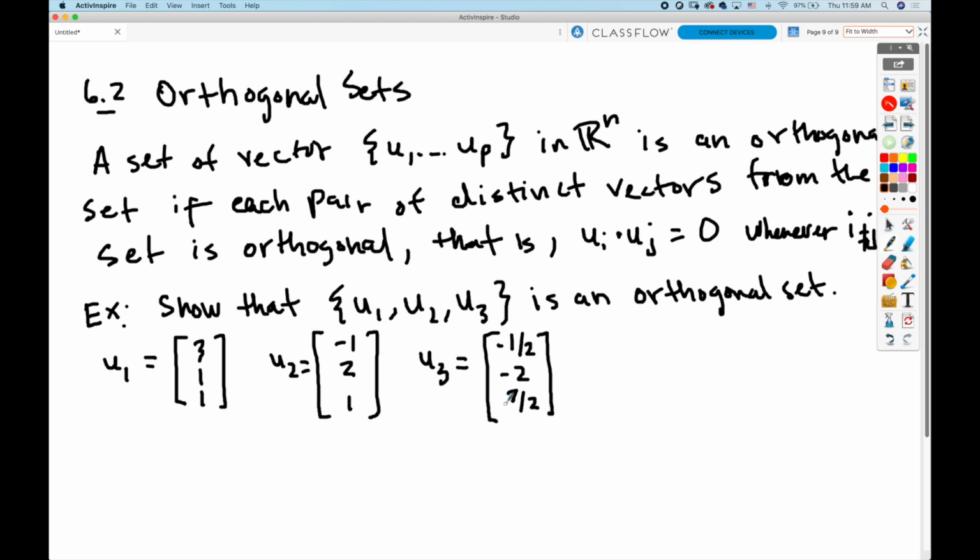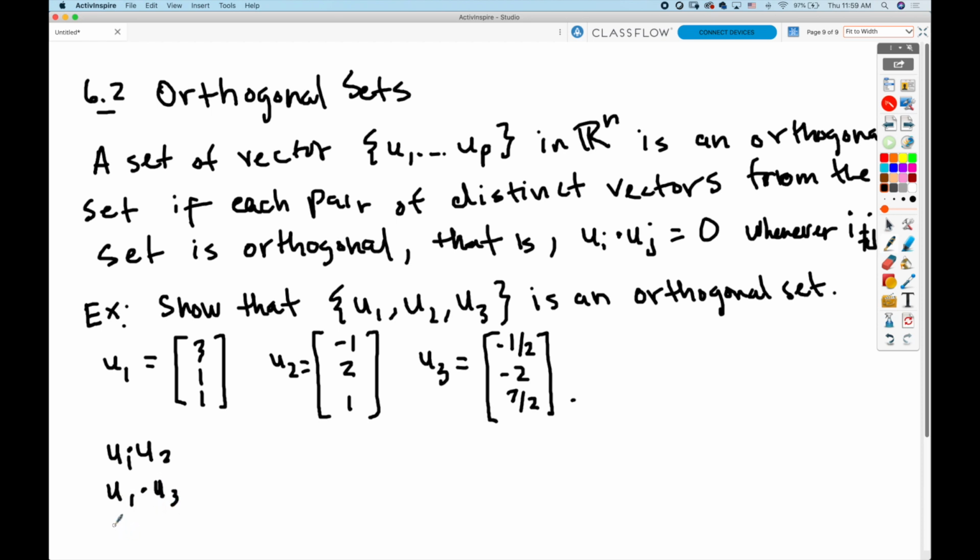All right. And so, in other words, I need to consider all possible pairs. There are three vectors in this set, and so I can do u1 and u2 together, so u1 dot u2. I can do u1 and u3 together.